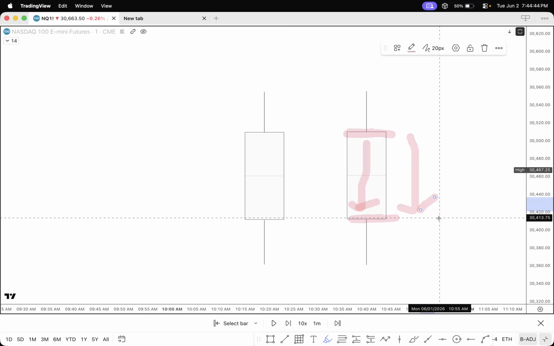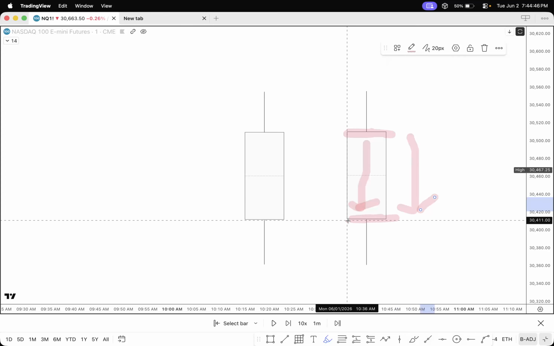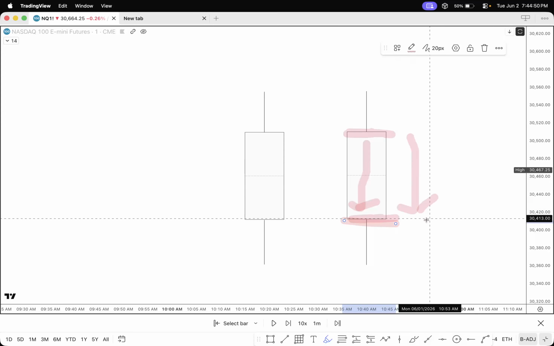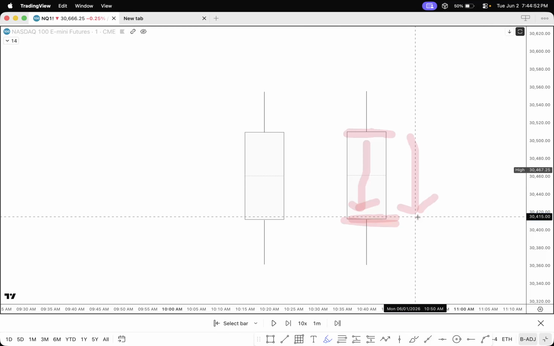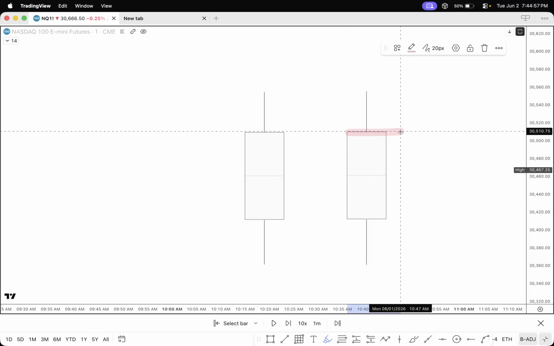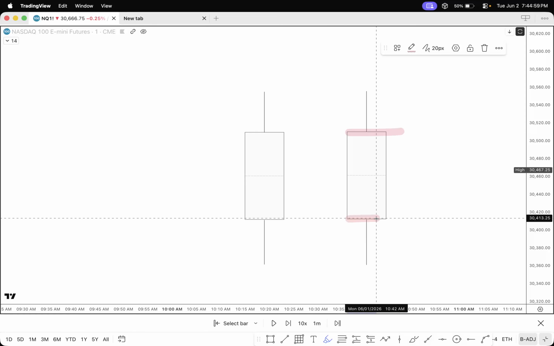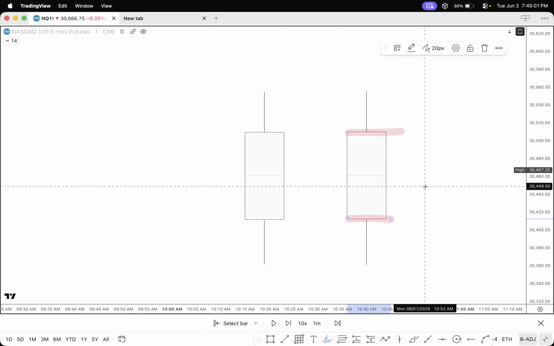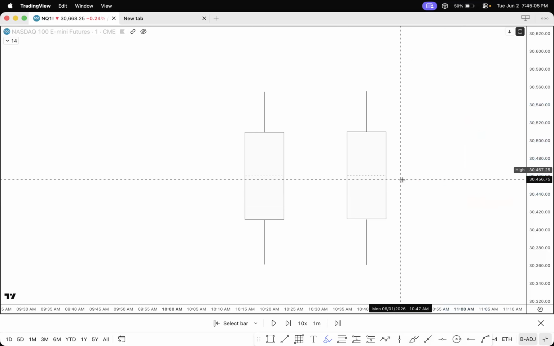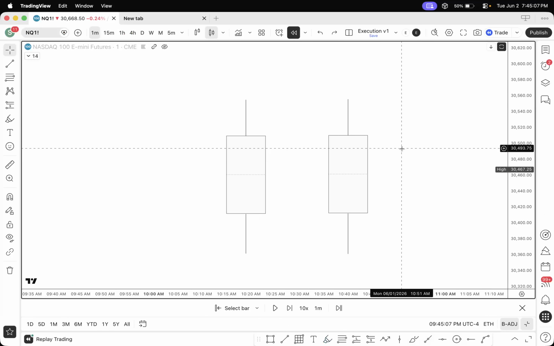For whatever reason, the price is dropping, because more people want to sell, there's more selling pressure, so the price closes here at the end of the minute. So it opens here, and at the end of the minute, it closes here, and after that minute happens, a new candle forms and does whatever. That's the main idea.